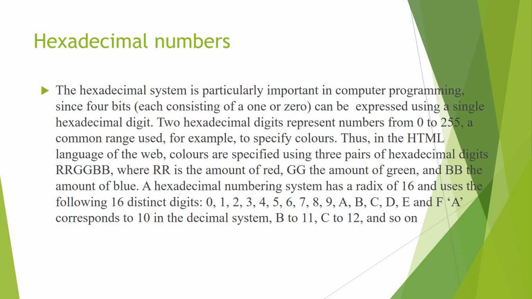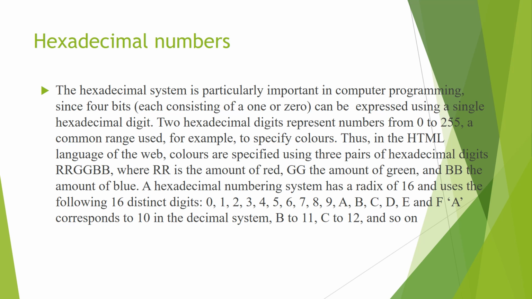That's in the HTML, that is the hypertext markup language of the web. Colors are specified using 3 pairs of hexadecimal digits, that is RR, GG, and BB, which represent the red, green, and blue. And remember, these are the primary colors.